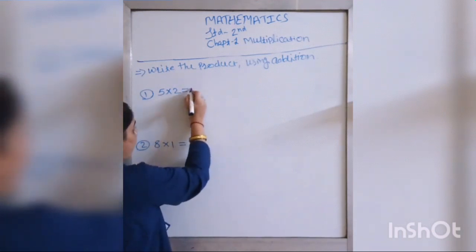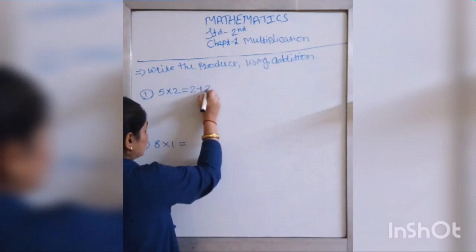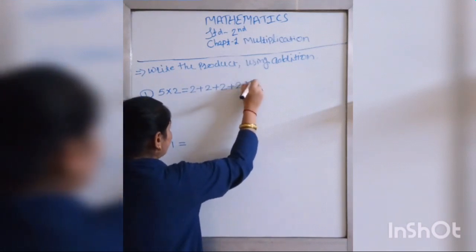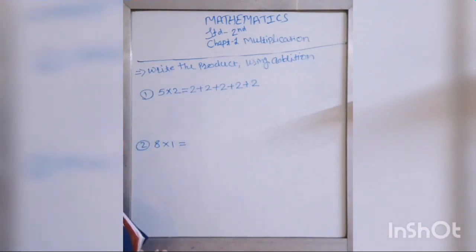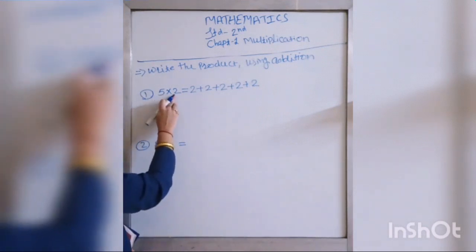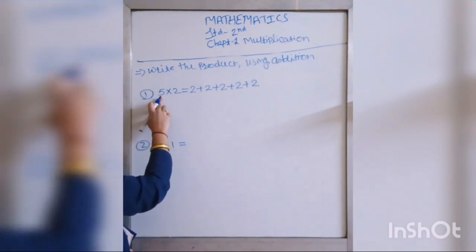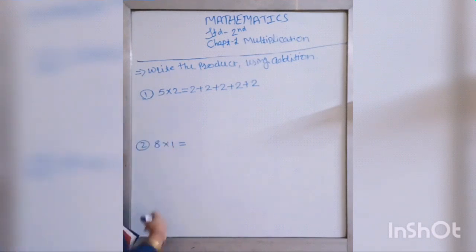We will add this 2 five times. How many times? 5 times. 1, 2, 3, 4, 5. As we know, multiplication means repeated addition.